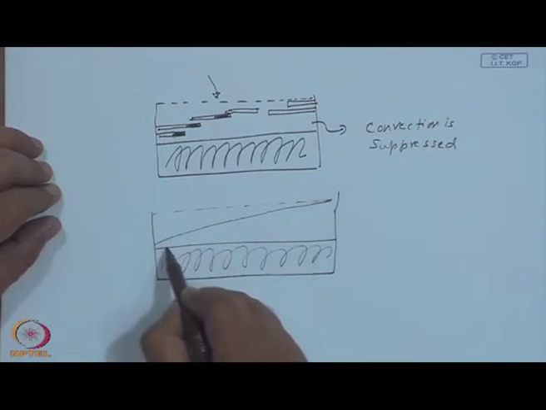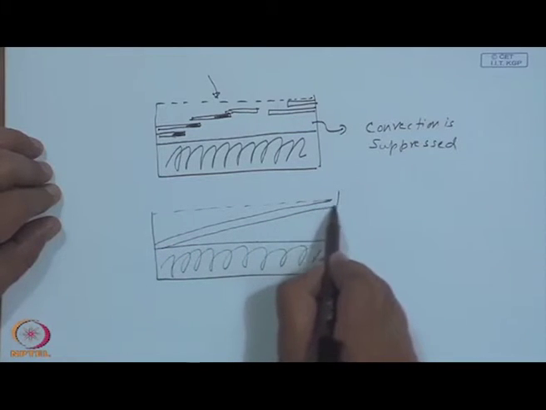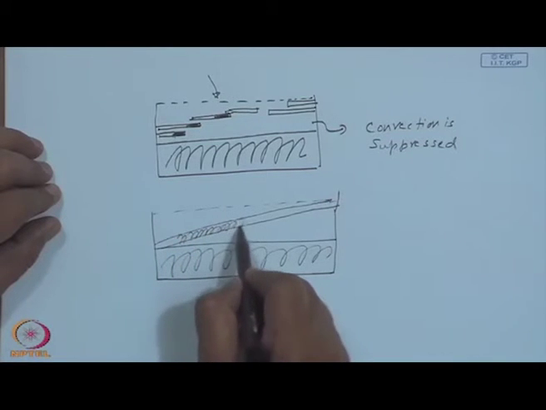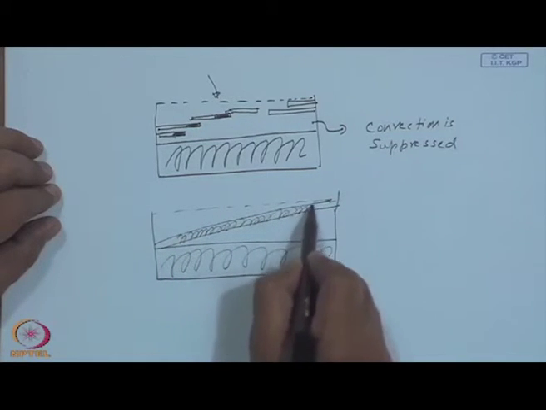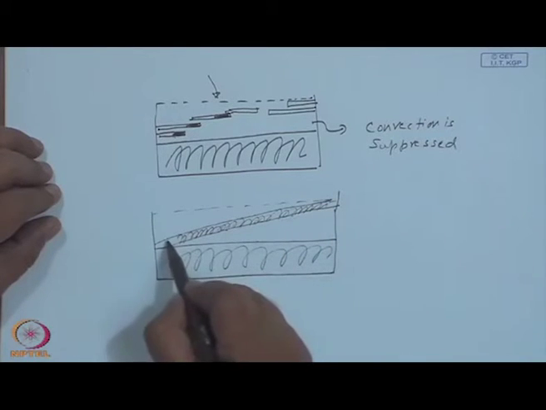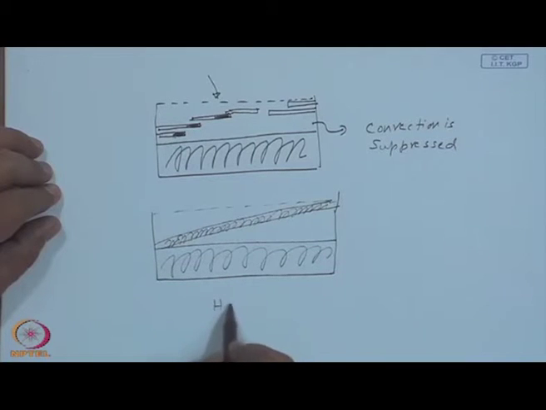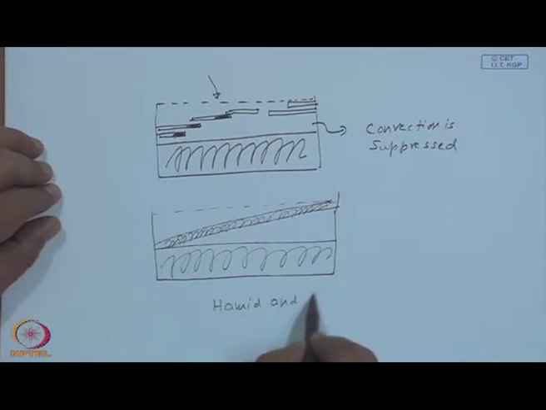So, this is a sort of matrix. In other words, it may be a kind of a thick wire mesh or maybe even a porous medium, and this is due to Hamid and Beckman.